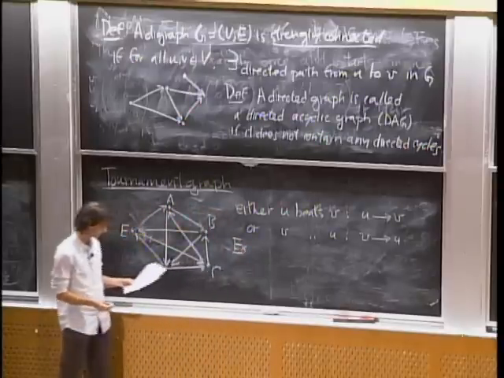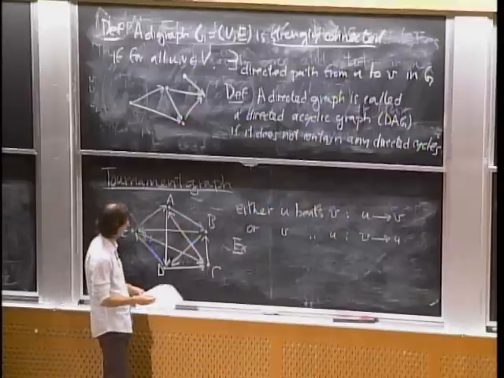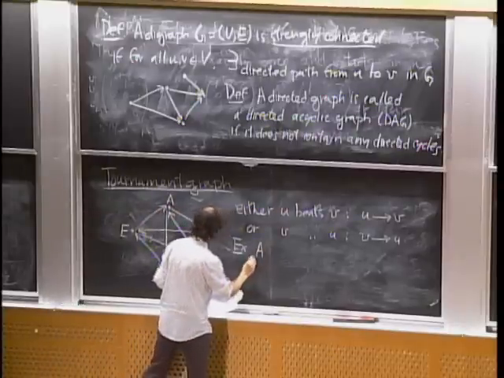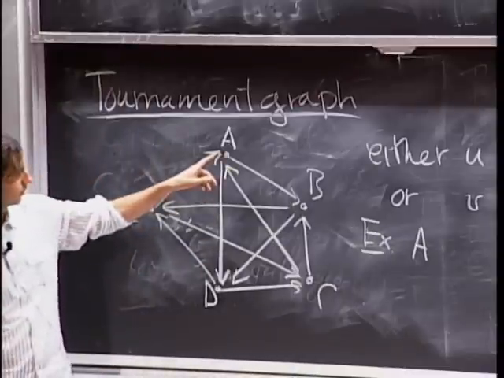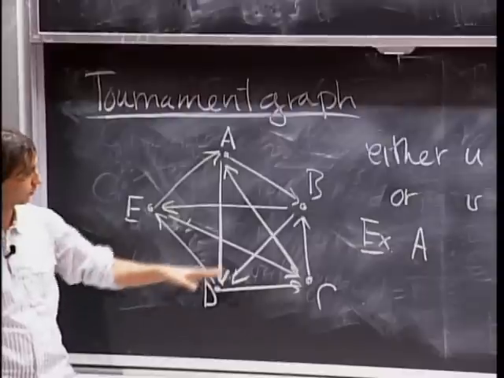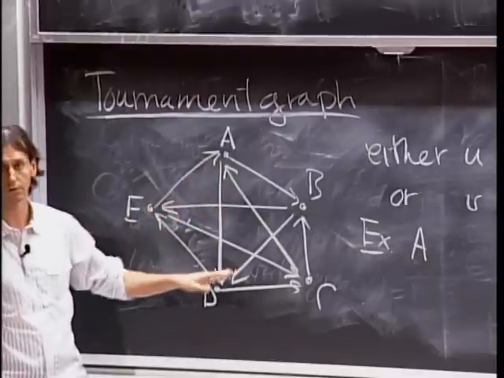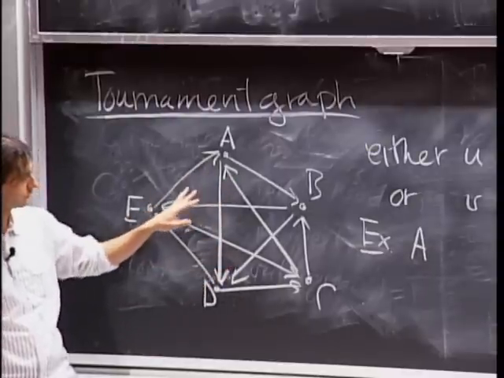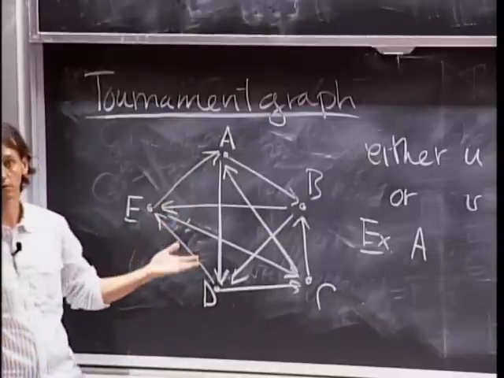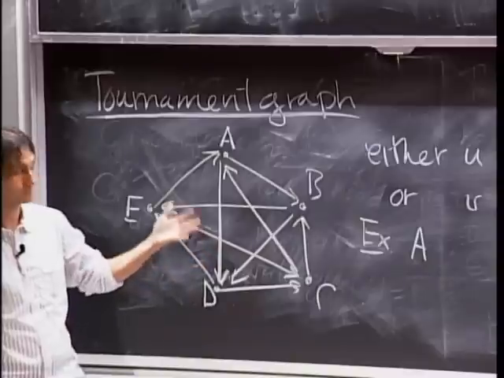Let's have an example. Does anybody see an example where we start with A, and then we beat another vertex, and maybe another vertex, and so on, until we have covered all the different vertices? Do you see a path that works like that? That could give us an ordering on who is the best player.